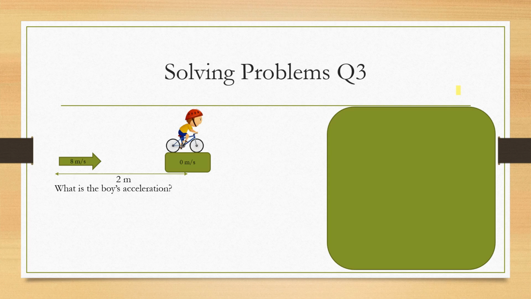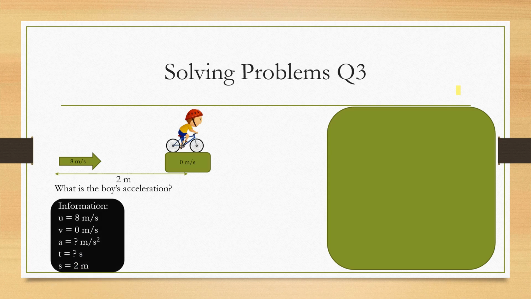As usual, we need to list out all the information that we have. We have the initial velocity 8 meter per second, and the boy hits the brake, so the final velocity is 0 meter per second. The question is acceleration, and we don't have time. And the last information that we have is the displacement, which is 2 meter.